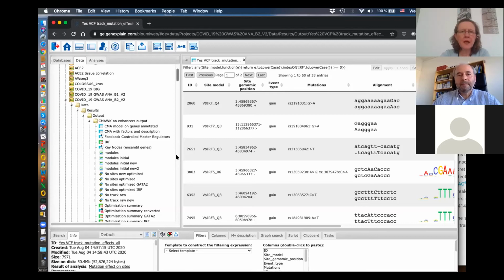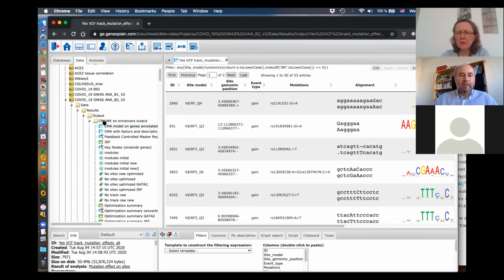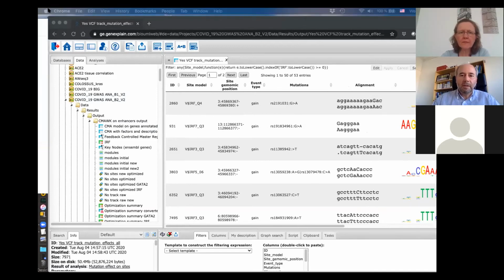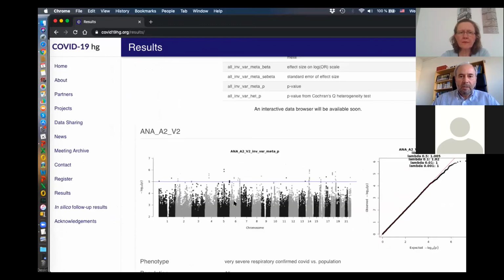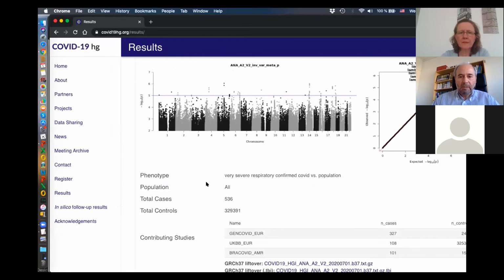And do you know what genome regions were searched actually in association with SNPs? So in this study on COVID-19, that was done genome-wide.